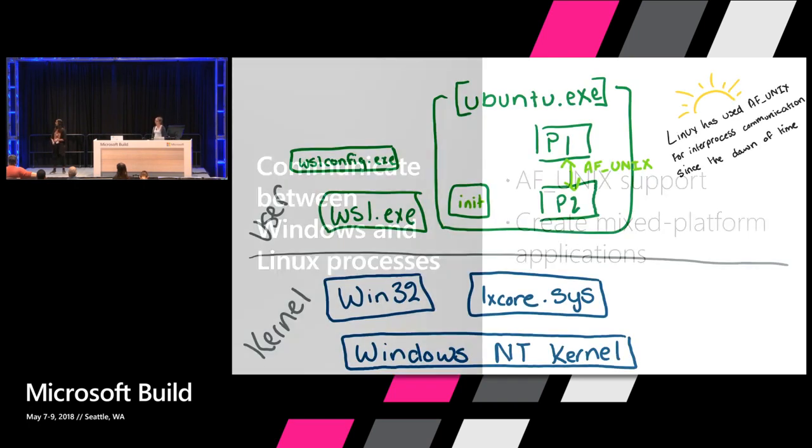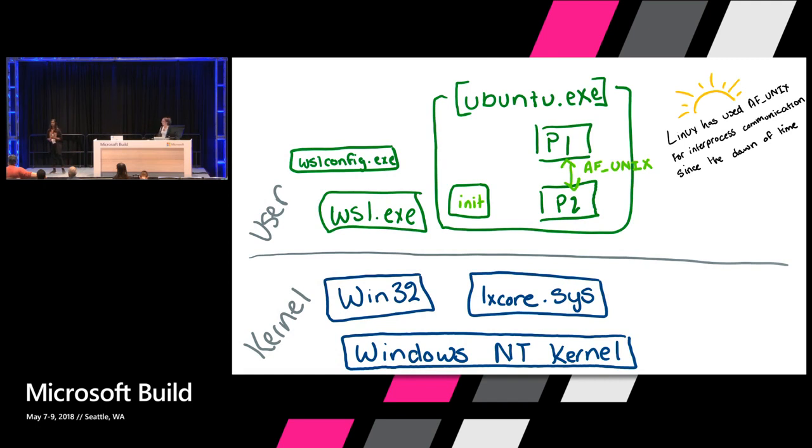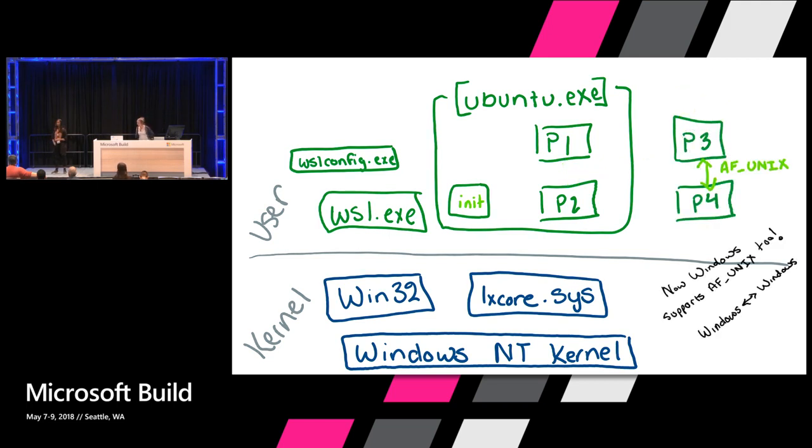So let's jump a little into the architecture we have here. Since the dawn of time, Linux applications have communicated through AF Unix sockets, and that's the family space they've used for this communication. A couple months ago, in an insider's build, we released the ability for Windows applications to communicate through AF Unix sockets.